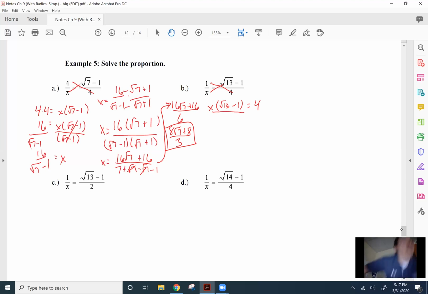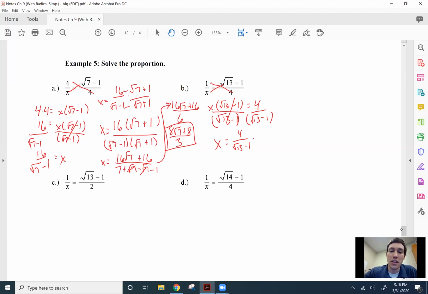So I'm going to divide by radical 13 minus 1. When I do that to both sides, that cancels. I get x equals 4 over radical 13 minus 1. All right, so now I just got to simplify this just like we did before.